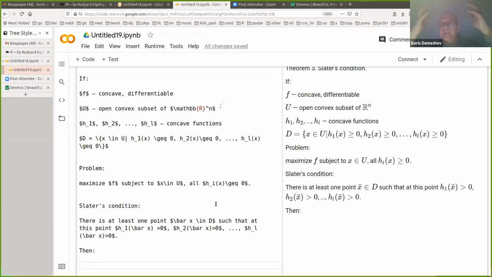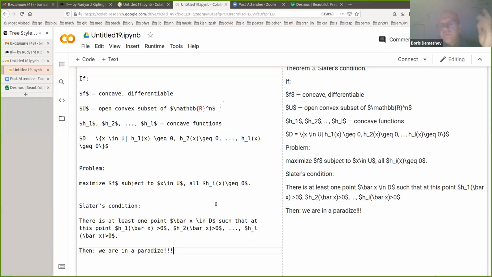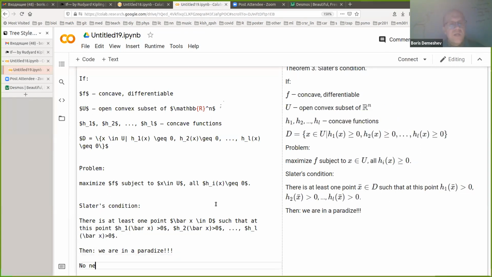Then complete happiness, the bingo complete. Then we are in a paradise. No need to check the constraint qualification. No need to check second order conditions. We are just happy. First order conditions are necessary and sufficient.